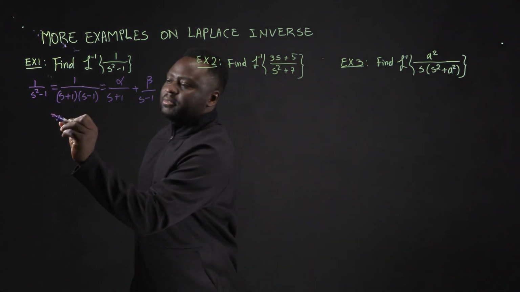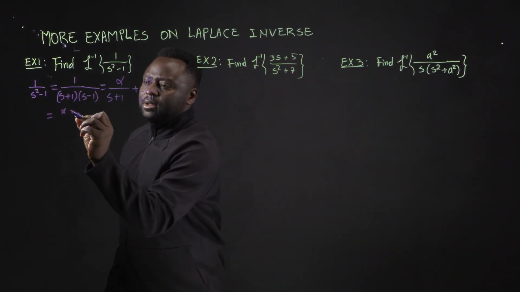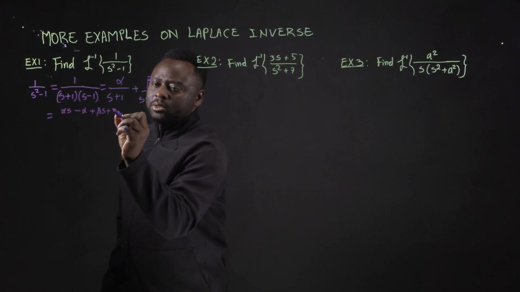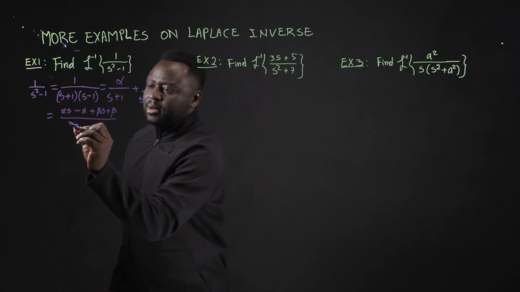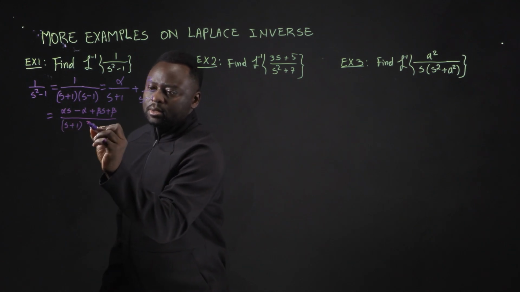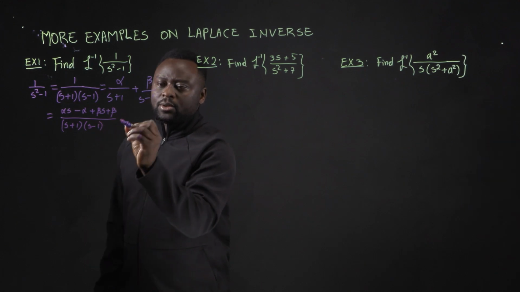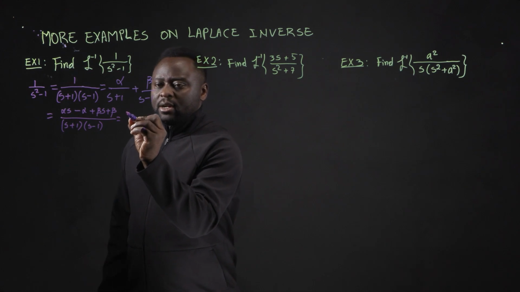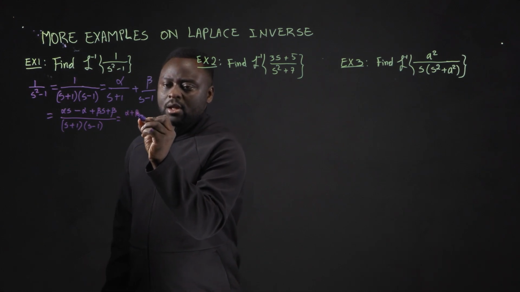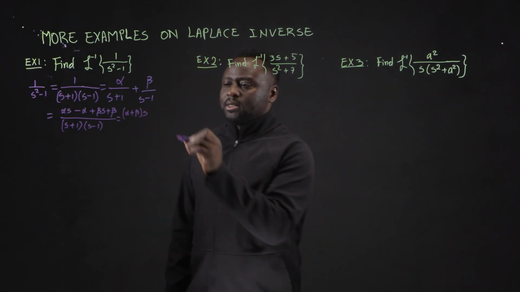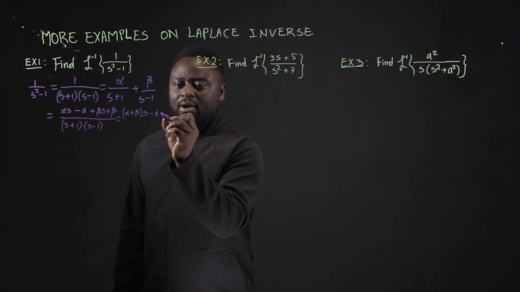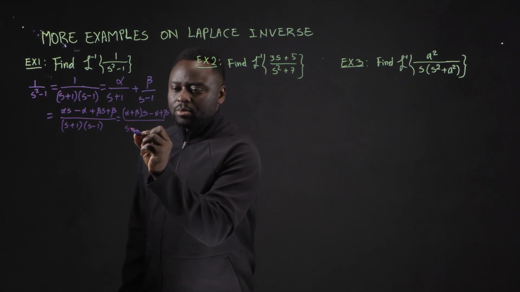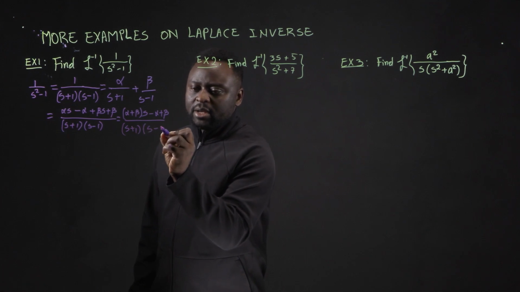If you cross multiply, we have alpha s minus alpha plus beta s plus beta, all this divided by s plus 1, s minus 1. Then if we write the s together, this is alpha plus beta, all this multiplied by s, minus alpha plus beta, all this divided by s plus 1, s minus 1.